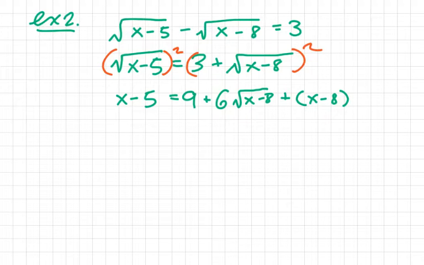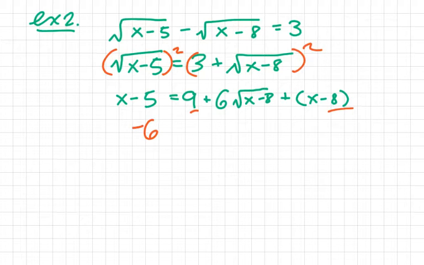Okay, so now we're not done. We have another squaring to do, right? So let's push everything to the left side, leave that radical on the right, and then square. All right, so what are we going to move over to the left as far as numbers are concerned? That's a 1. We're going to move over a 1, so it's going to be, what, a negative 1? So this is going to be negative 6.